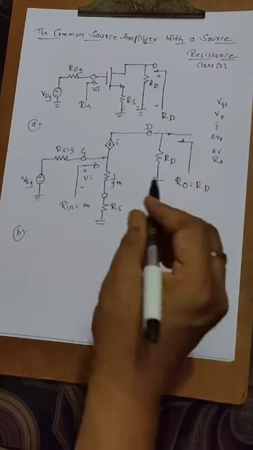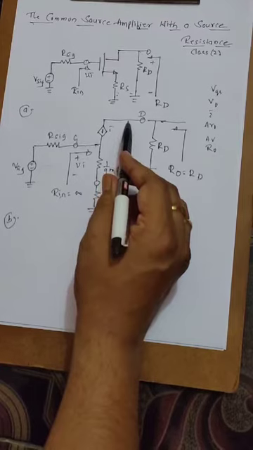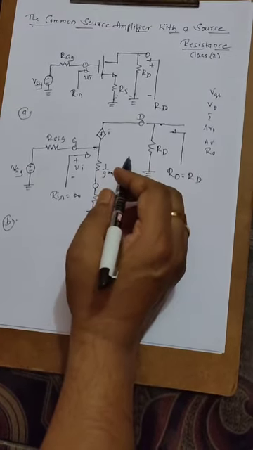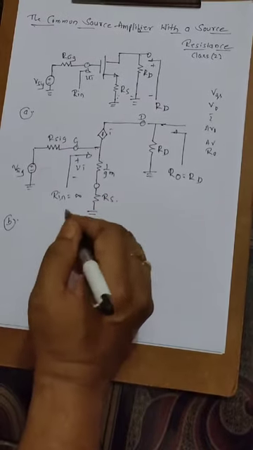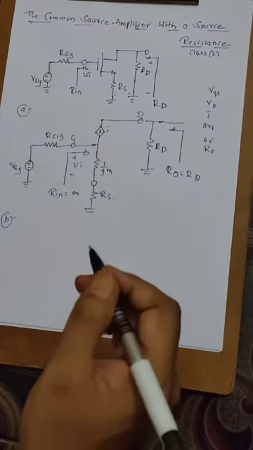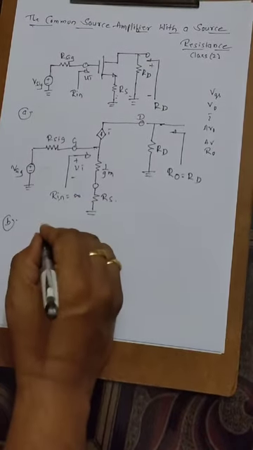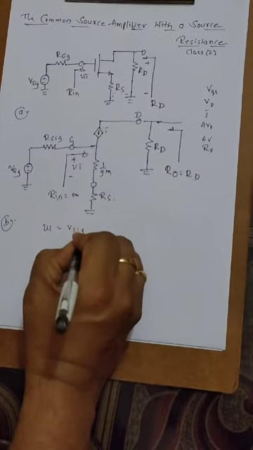For simplicity, we neglect the internal output resistance. From figure B, the input resistance is infinity, and therefore the input voltage appears entirely across the signal voltage.